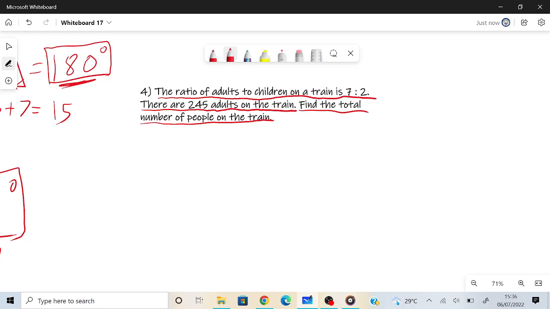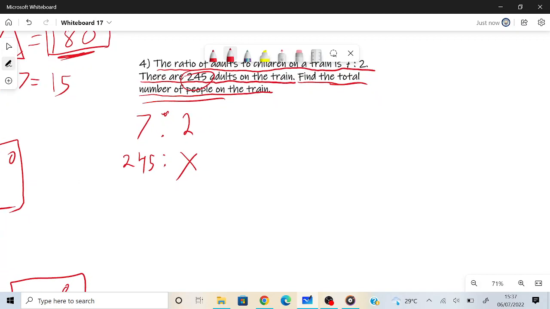We know that the ratio is 7 to 2. This is adults to children, and then the number of adults, that's 245, to the amount of children. Of course it asked us for the total number of people, so we need to find the total amount of children first as well. So we have something like this.